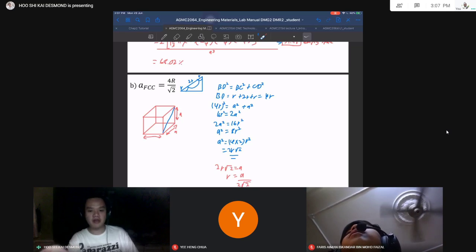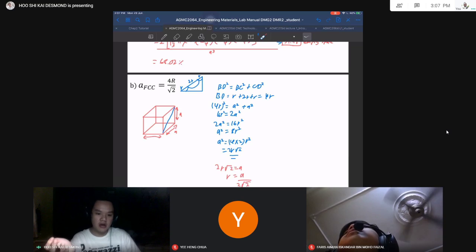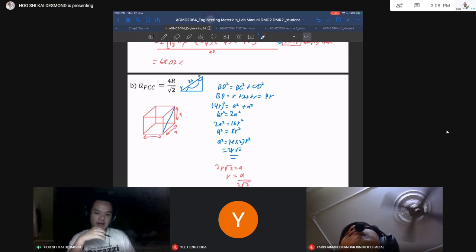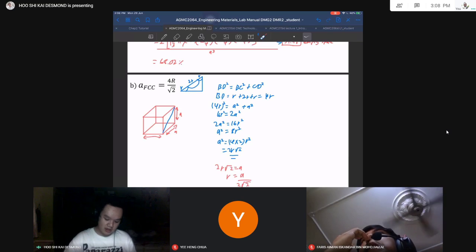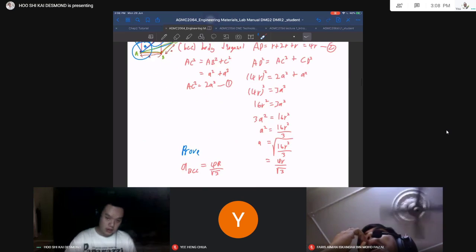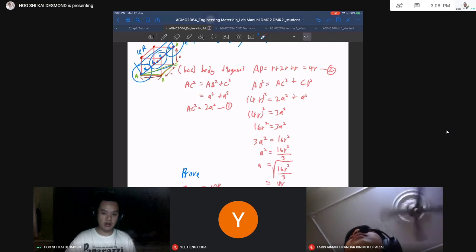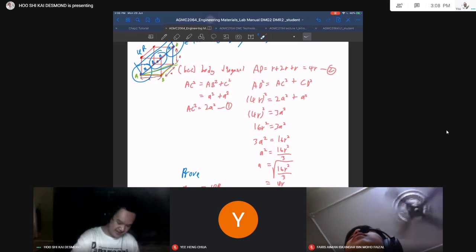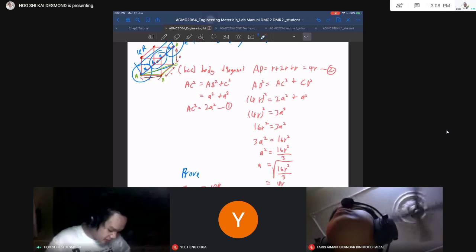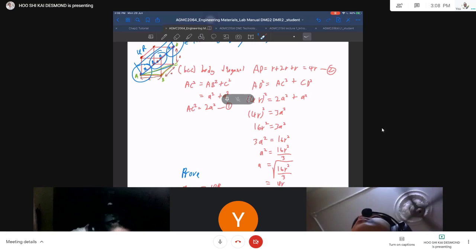Yeah, in the middle, but what's the difference? It's supposed to be the same, right? Then why is it different? I don't get it. Why is this 2A? Why is it 2A? Wait, how is it 2A? AC, 2A. Why is AC here? Why 2A?